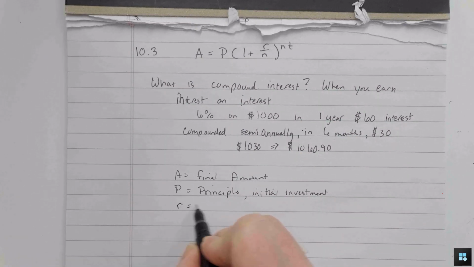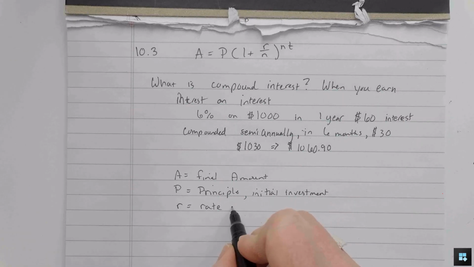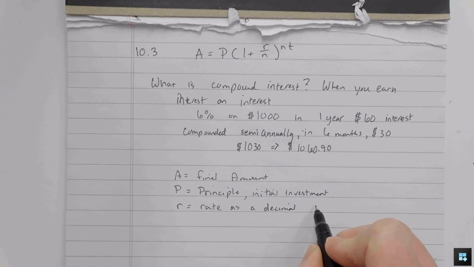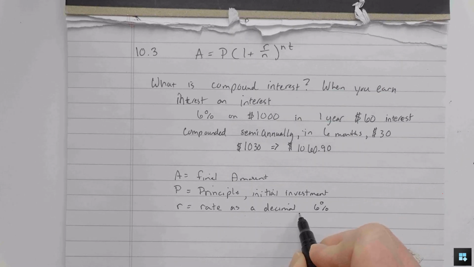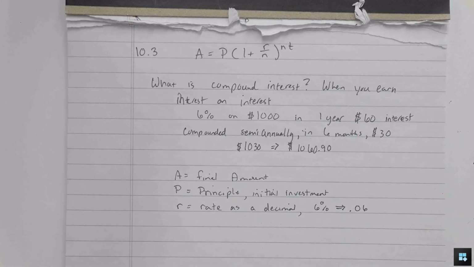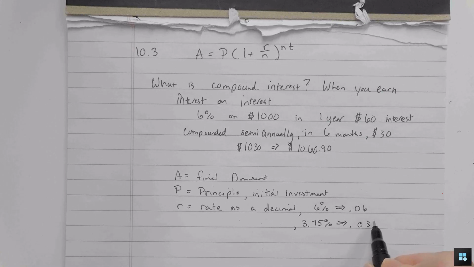R is the rate. Now you write the rate as a decimal. So that 6%, you'd write 0.06. So you move your decimal place 2 to the left. 6% has a decimal to the right of the 6. You move it 2 places to the left. If you had 3.75%, you move the decimal 2 to the left, 0.0375.